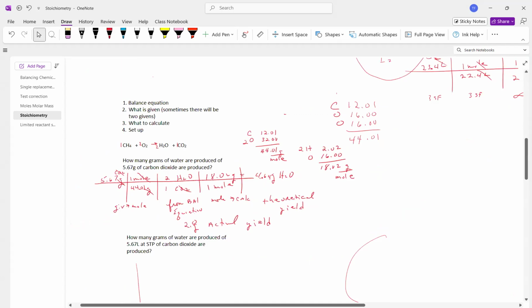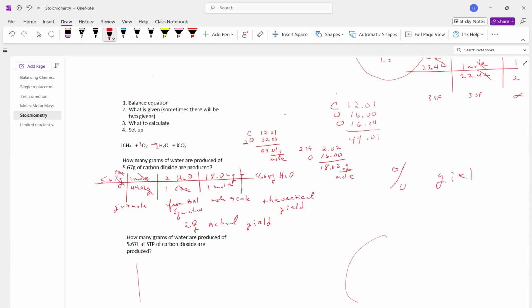So to do a percent yield calculation, that is actual yield over theoretical yield times 100.